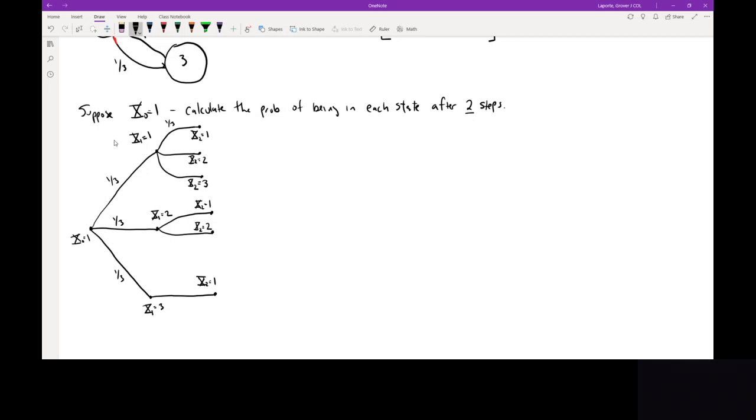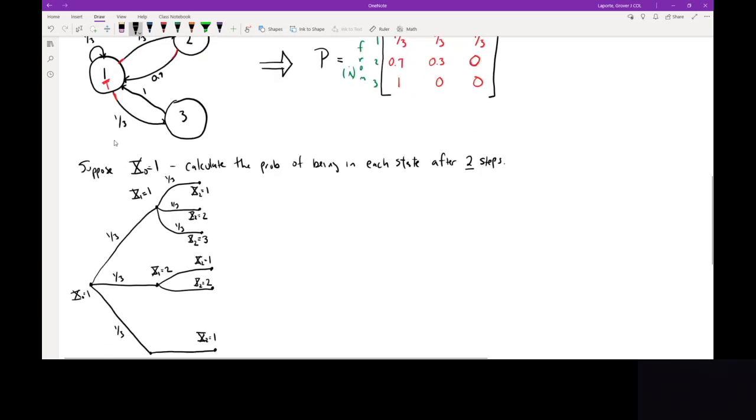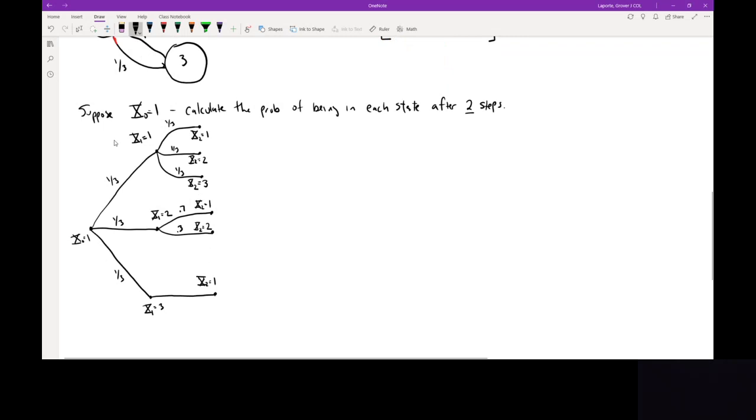These are 1/3, 1/3, 1/3. Going from 2 to 1 is 0.7, so this one is 0.7. This one's 0.3. And the last one down here is 0.1.